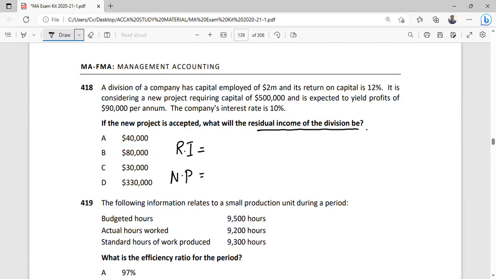And notional profit is equal to what? Notional profit is basically capital employed into cost of capital. Capital employed is 2 million and cost of capital is 0.12, which means 12%. So 12% of 2 million is what? It is 240,000.